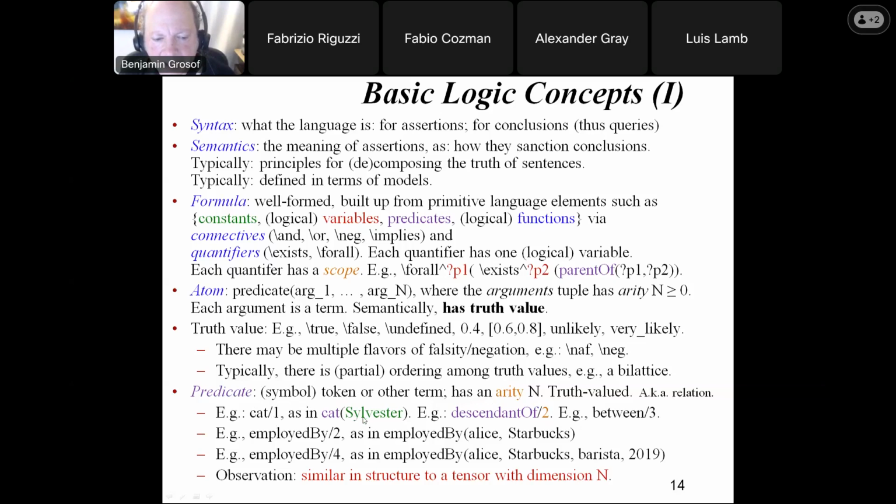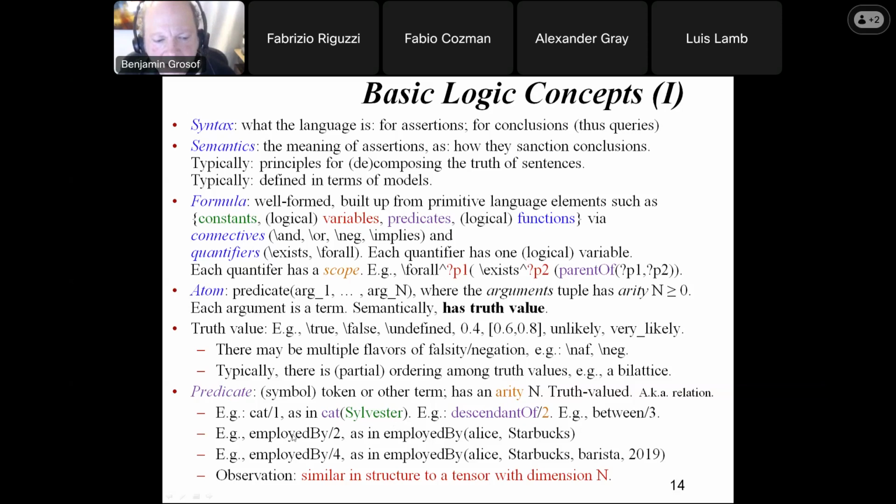For example, we could say that Sylvester is a cat. Here the predicate is cat, and Sylvester is an argument that is an object constant, which we mentioned in green up here when talking about formulas. Another example would be descendant of with arity 2, or between as a predicate with arity 3, where there are two objects and the third one is in between them.